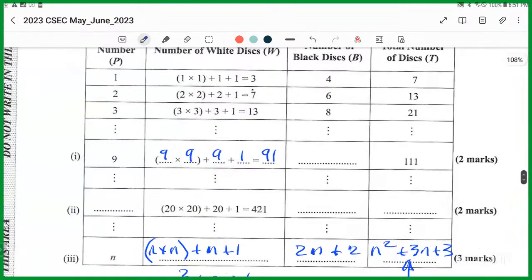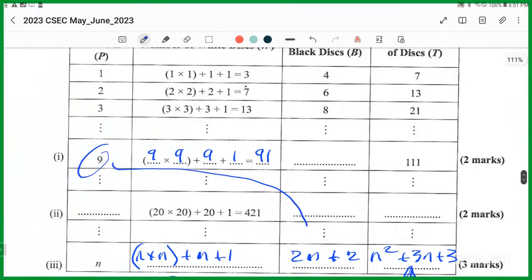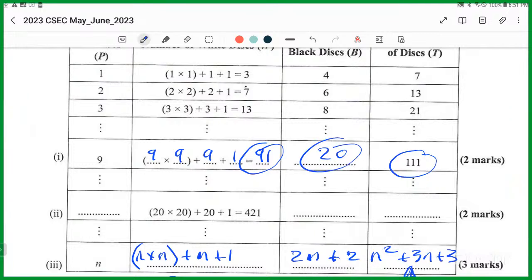And right here, we'll drop the 9 into this formula down here. 2 9s are 18. 18 plus 2 is 20. Right here is 20. And you check it. Got up to 111. This plus this is 111. You're confident that that is correct.